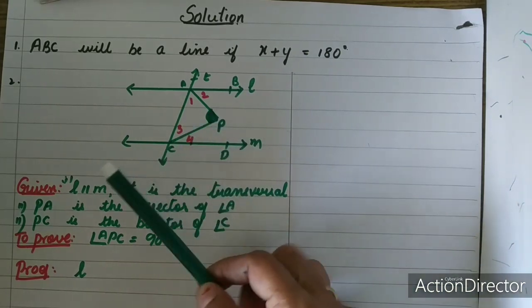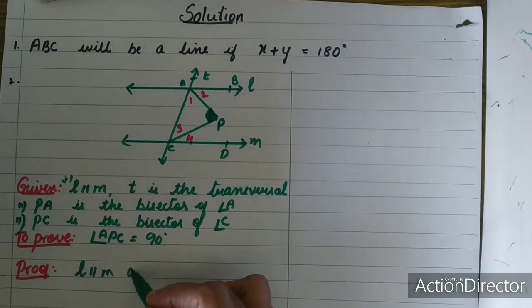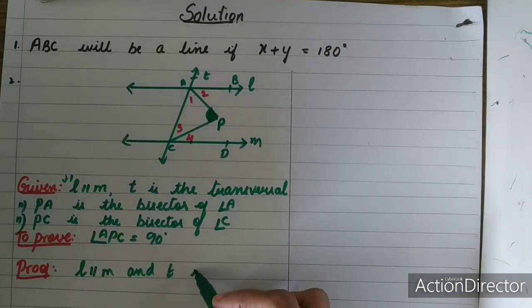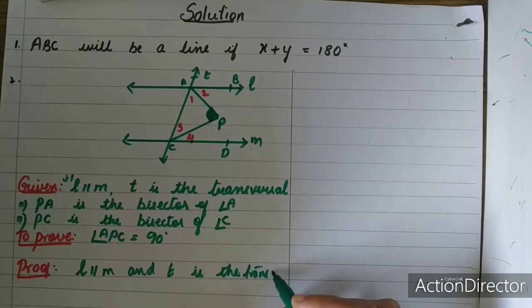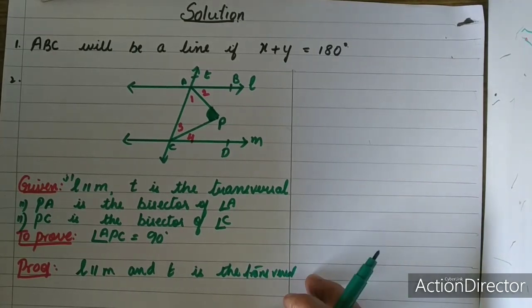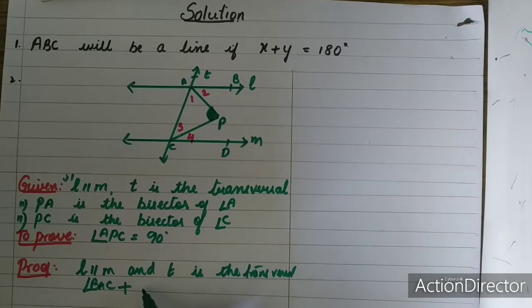So coming to proof, first you write L is parallel to M and T is the transversal. So you can say that angle BAC plus angle DCA is equal to 180 degree.